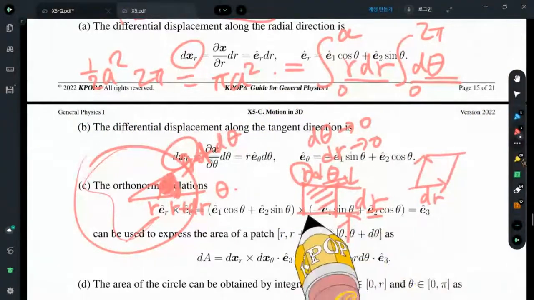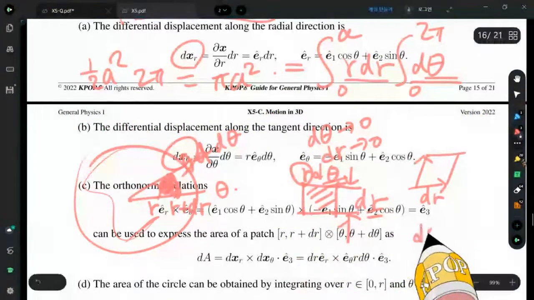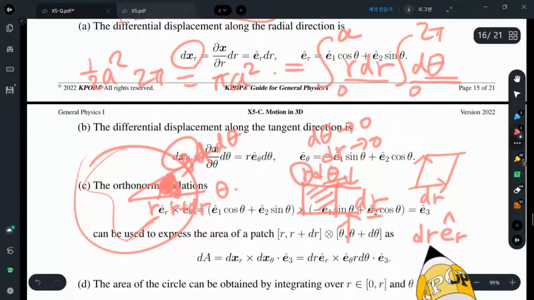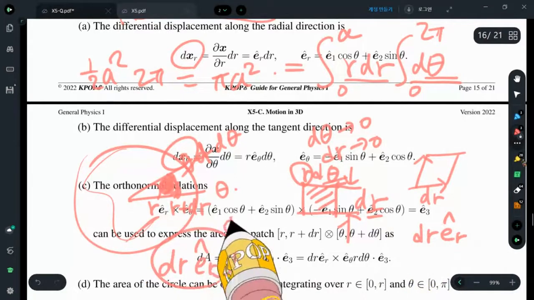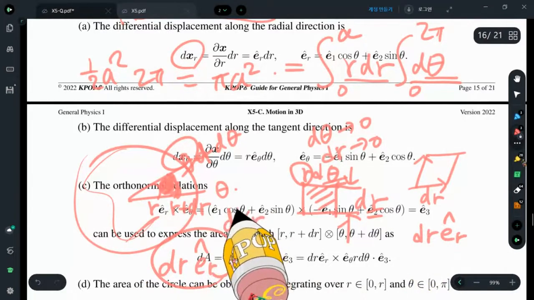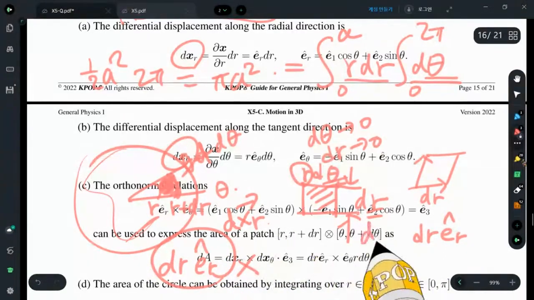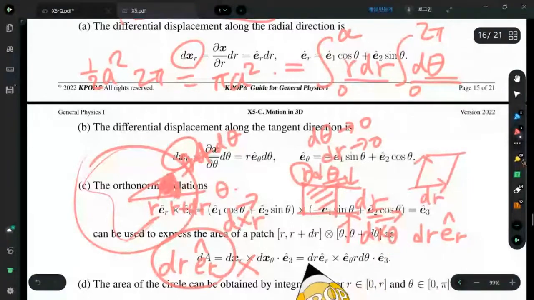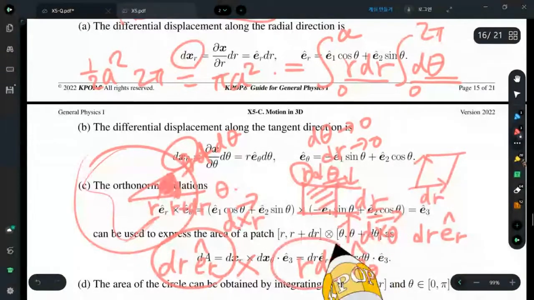The reason is that dr e_r hat is the displacement along the radial direction, and displacement along the theta direction is r d theta e_theta hat. That's what we know.